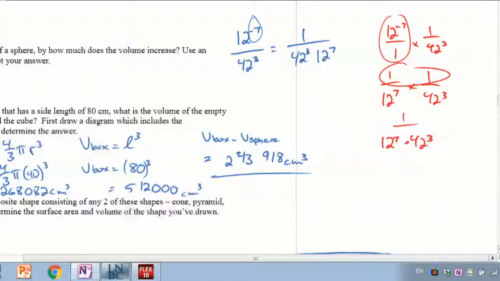So we only need to flip the thing that's getting the negative exponent. In this case, it's just the 12 to the exponent 7. We don't have to flip the whole thing because this 42 to the power of 3 on the bottom has a positive exponent.